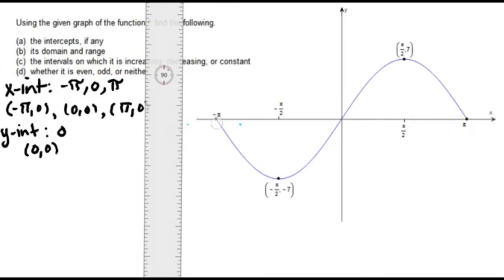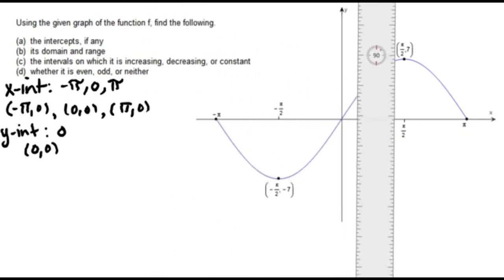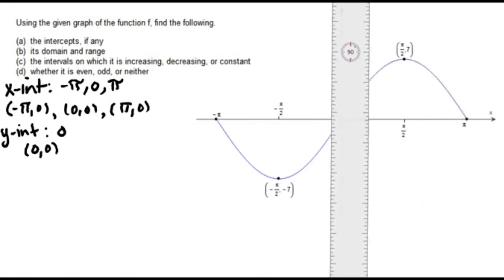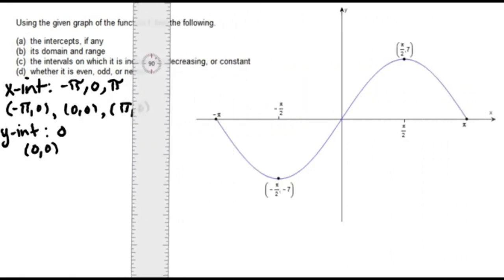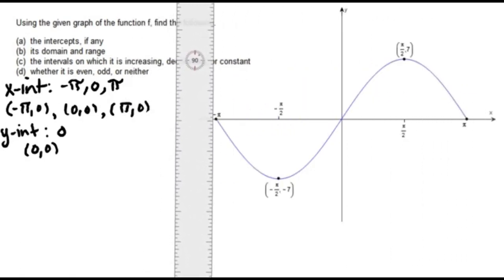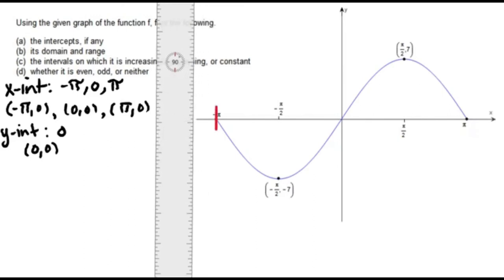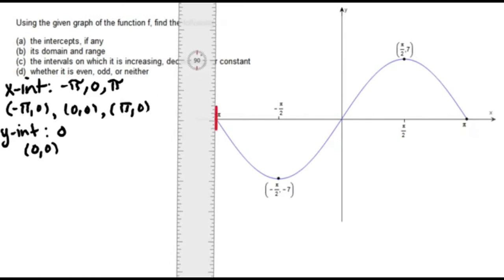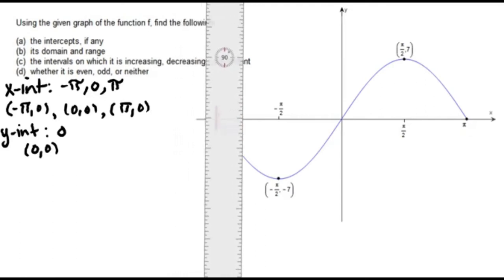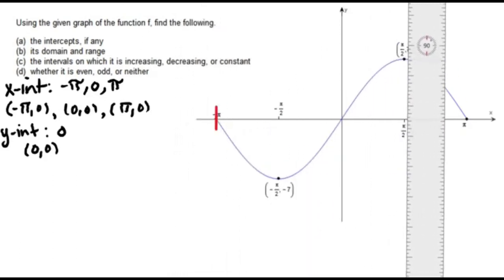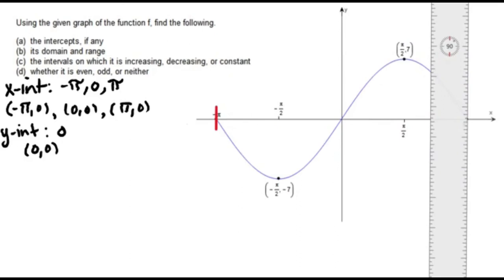What I like to do is hold it vertically and go from left to right across the graph. I want to pay attention to the first time that the vertical line hits the graph, you might want to use a pencil, and then pay attention to the last time that the vertical line hits the graph.